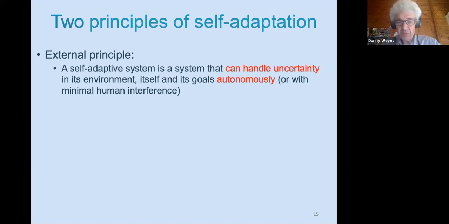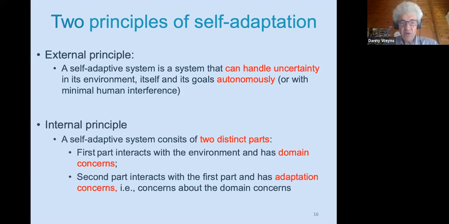But the external principle takes, in fact, the black box position. You look at a system and it can handle something autonomously with respect to uncertainties. Then we also have, obviously, an internal principle, and then we look into that black box. And we see that the system then conceptually consists of two parts. The first part is in fact a regular system that interacts with an environment and that deals with what we call domain concerns.